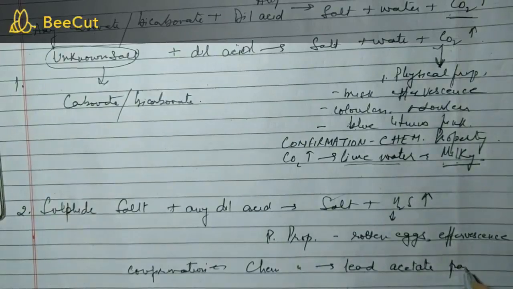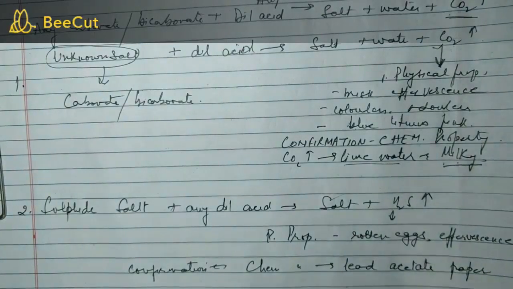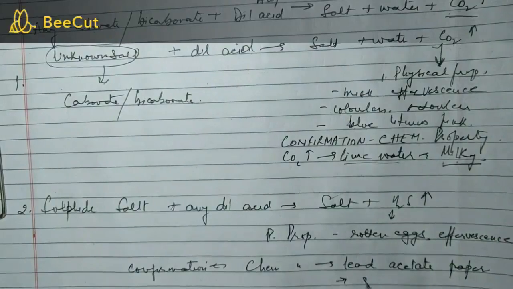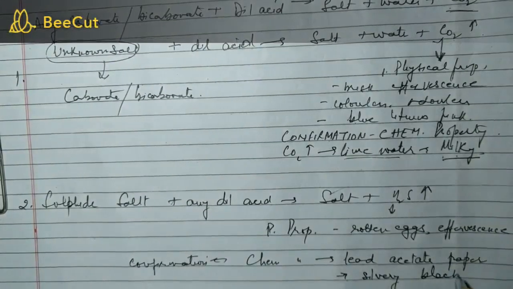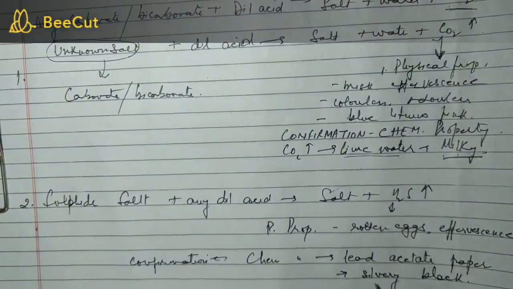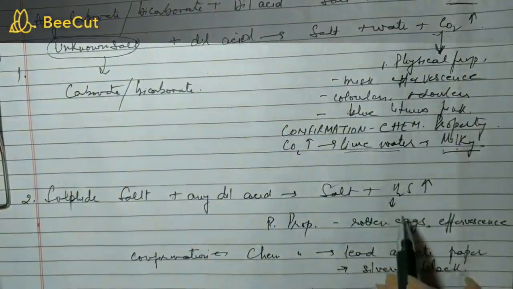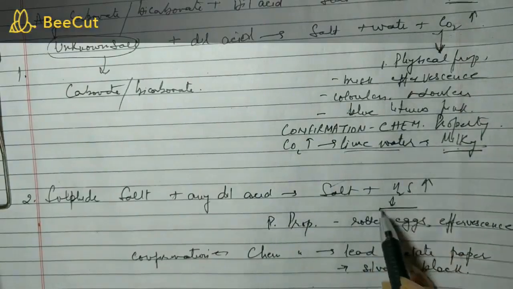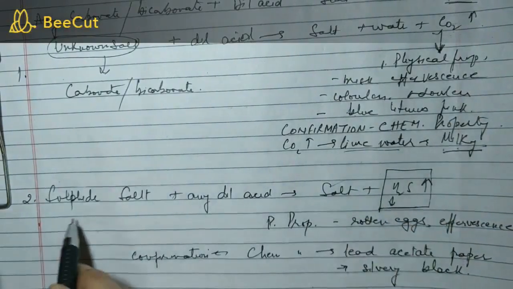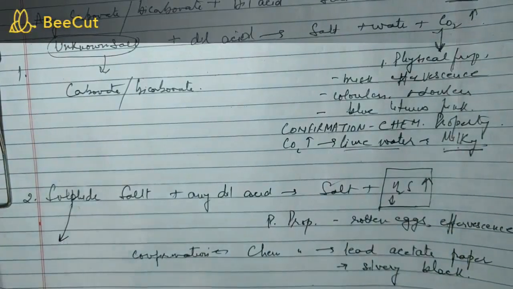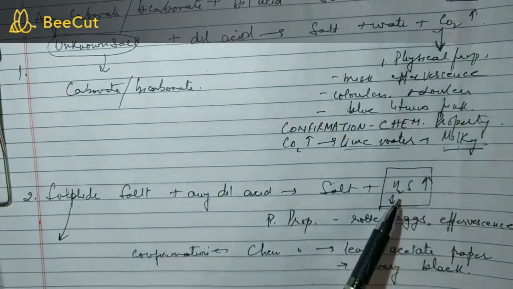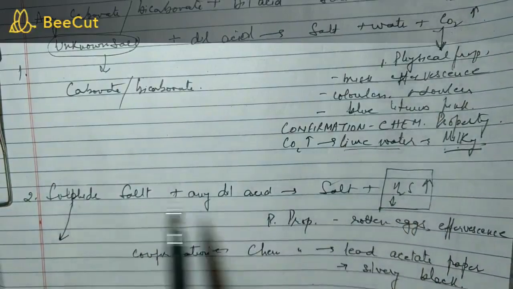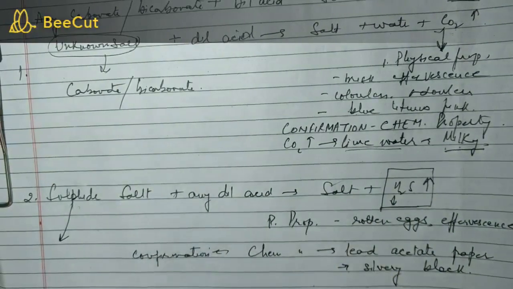Lead acetate paper is otherwise a white strip of paper, and it turns silvery black only in the presence of H2S gas. So if the lead acetate paper is turning silvery black, it is confirmed that the gas produced is H2S. And if the gas produced is H2S, then the salt is definitely a sulfide salt. Besides the sulfide salt, no other salt will produce H2S gas. So both these things are interconnected.